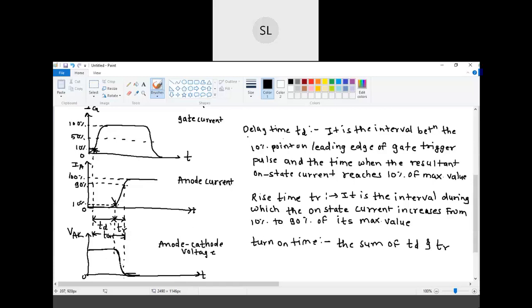Now, if you observe the voltage across anode and cathode, during this rise time, the voltage across anode and cathode will start decreasing, and at the end, once the maximum current starts to flow through the device, the voltage across anode and cathode falls to a very low value. Okay, understood everyone?